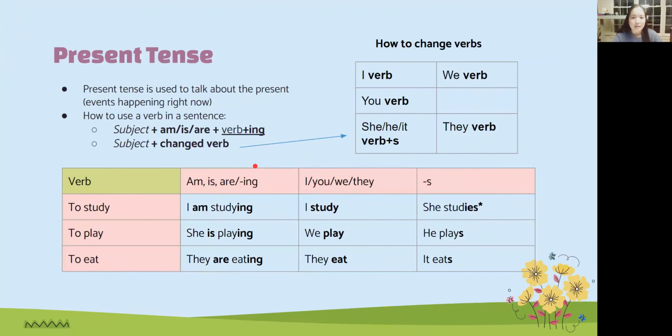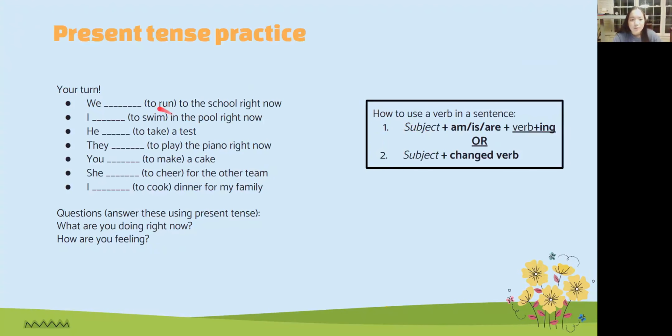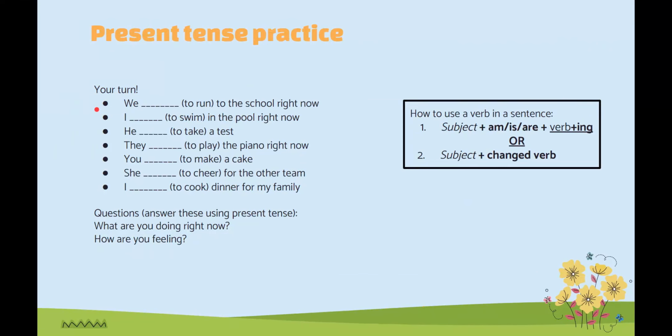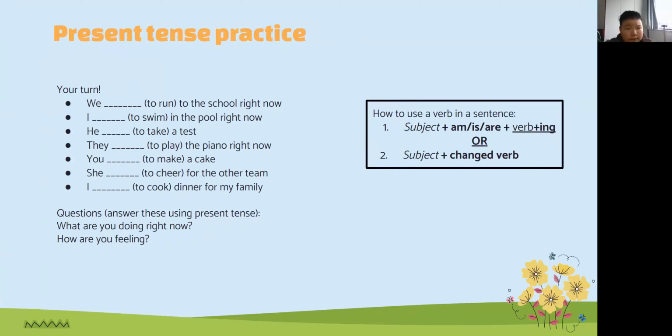Okay, next. We're going to fill in these blanks. Gabriel, can you do the first one? We can run to the school right now. Could you repeat what you said for the blank?